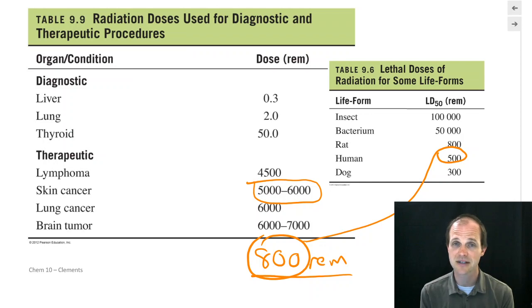But it is a very significant thing, which is why there's so many side effects to chemotherapy, because essentially you are exposing yourself to an almost lethal dose of radiation. But done well, it can actually save someone's life. And I know people who have been cured of cancer from their chemotherapy treatments, and so it can be a very, very good thing.